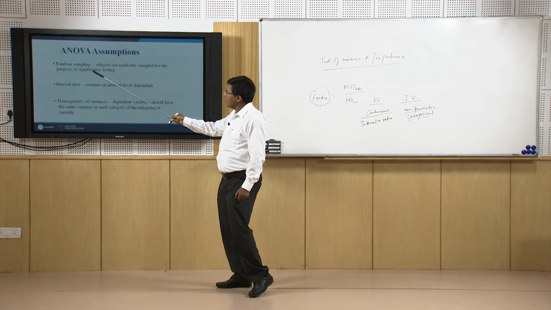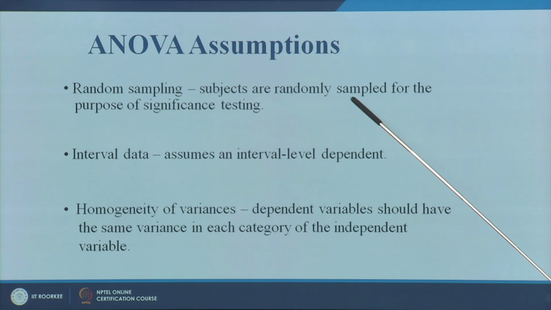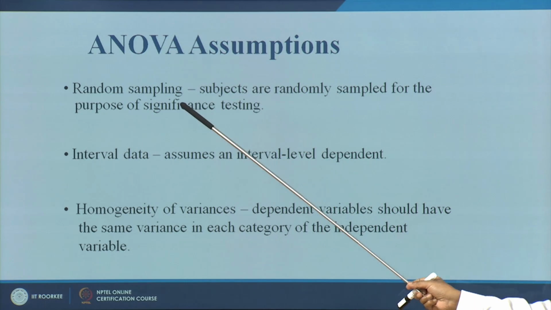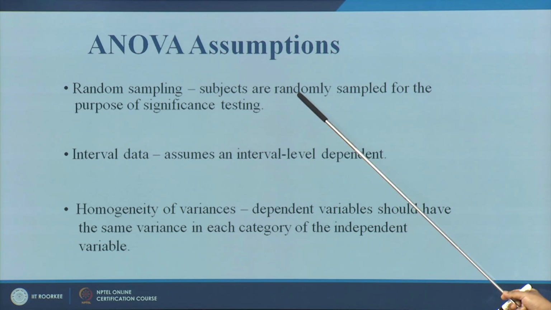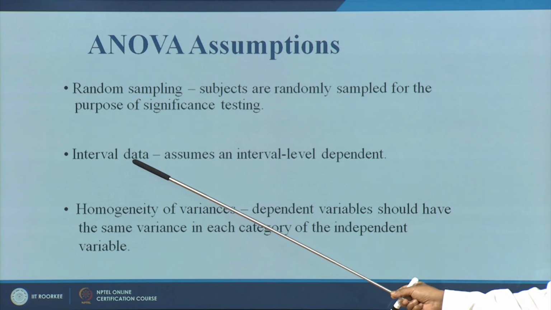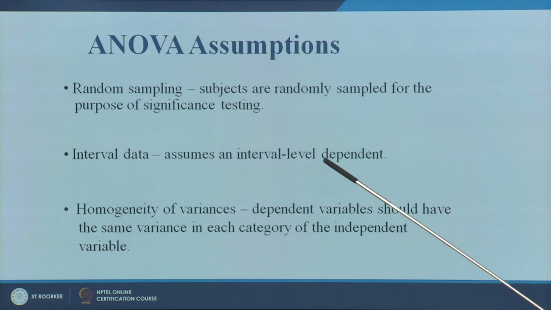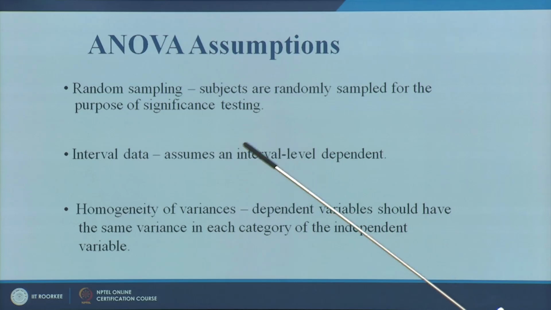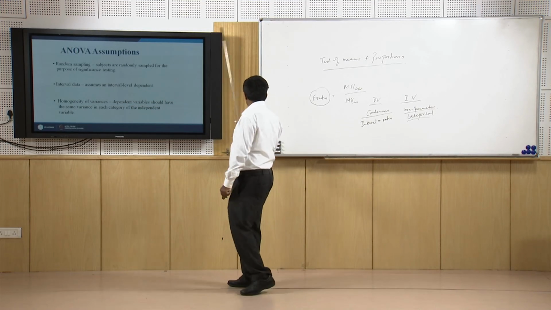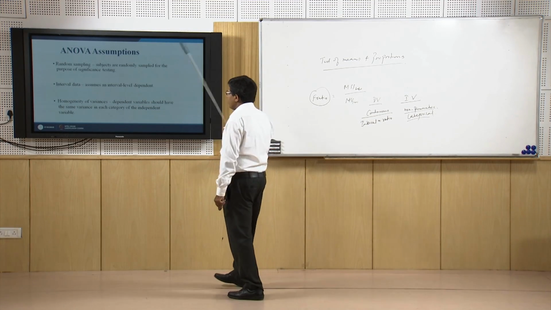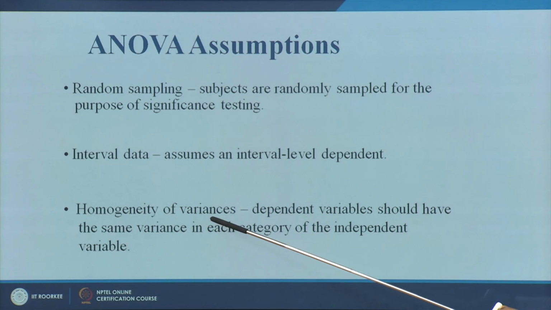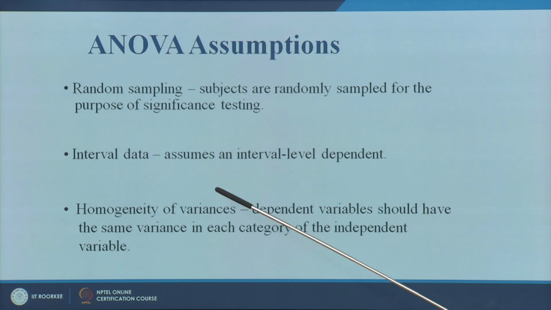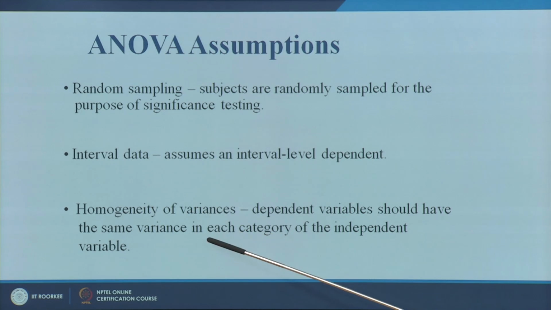Now, the assumptions. Random sampling: subjects are randomly sampled for the purpose of significance testing, it is a random selection. Data is interval level dependent, so the dependent variable is at an interval level, which we also said here. Now, this is interesting. If you remember I had explained there is something called homoscedasticity and heteroscedasticity.